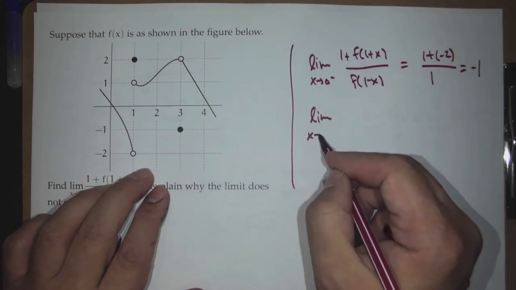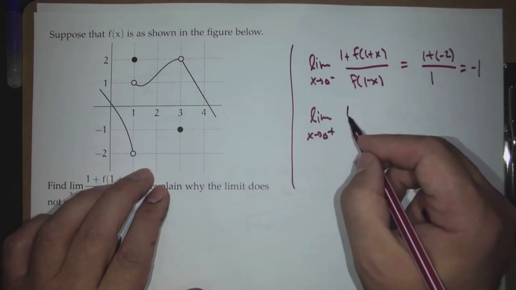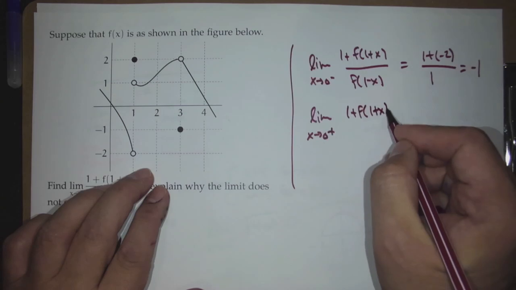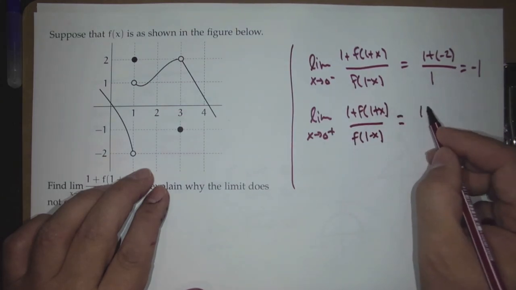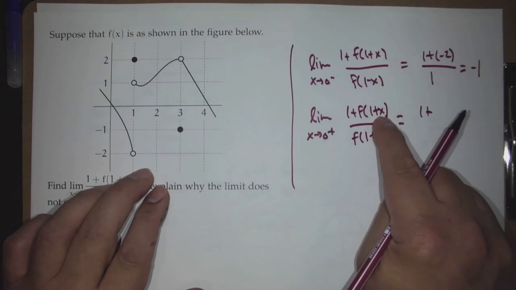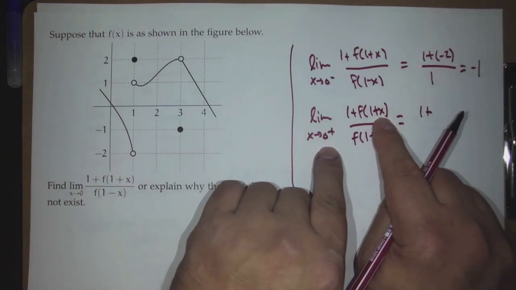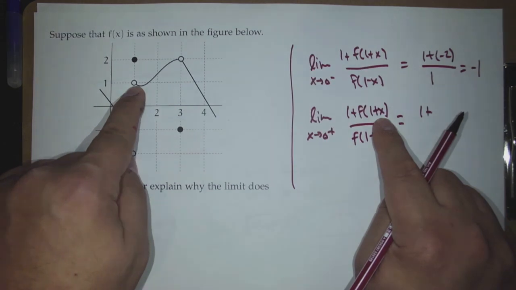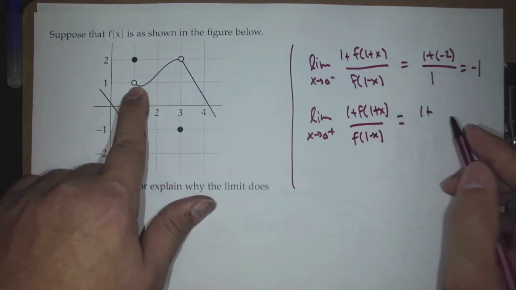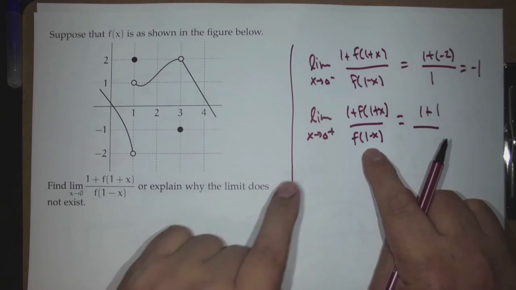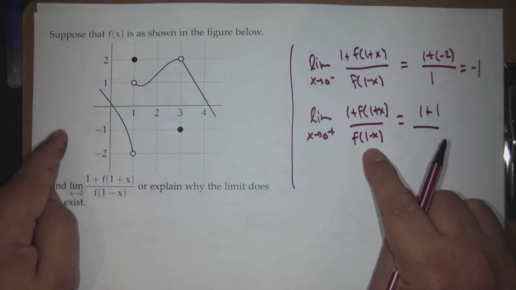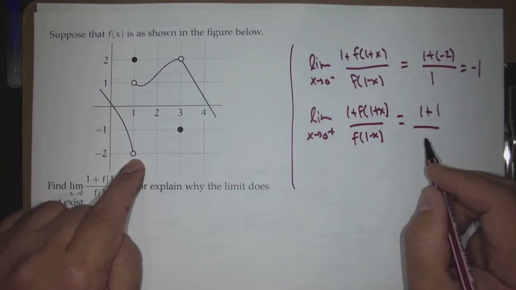The limit as x approaches 0 from above. Okay. So, 1 plus x is approaching 1. From what direction? From above. So what value am I approaching? 1. 1 minus x is approaching 1, but from which direction? Below. What am I approaching?